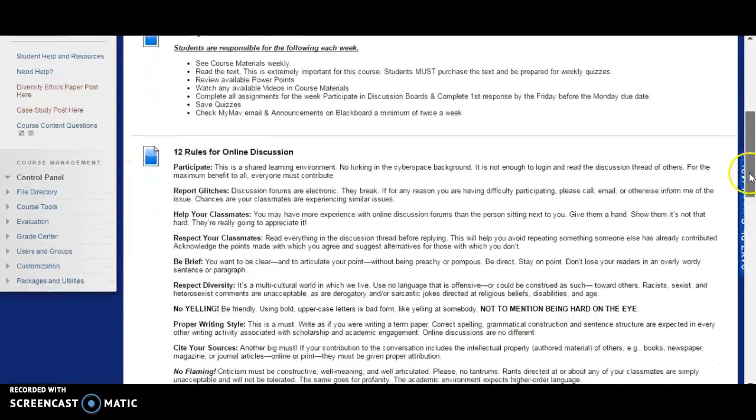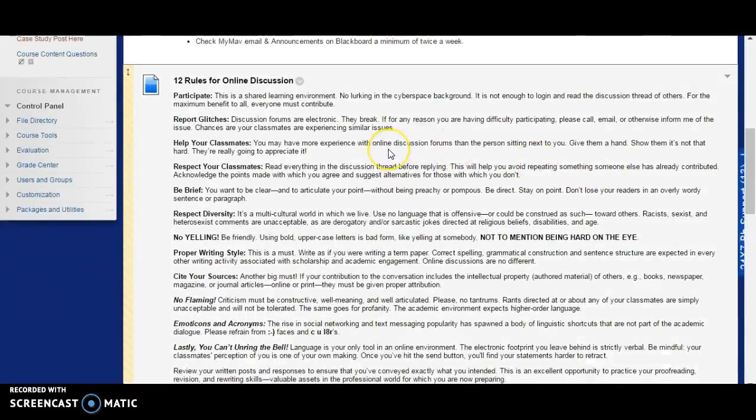And then there are some rules put out by UTA for online discussion. Basically, we need to be respectful. We do not use foul language. At this point in social work, you should be developing some relationships that will be long-lasting, professional relationships.